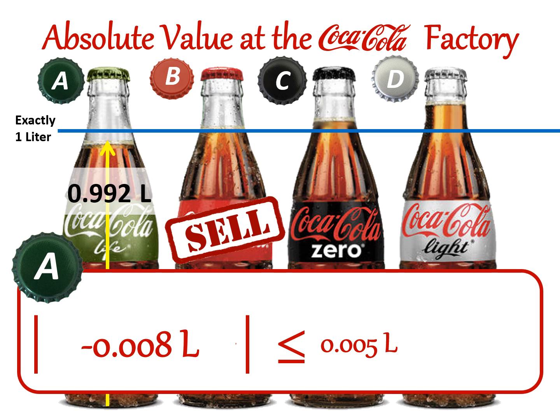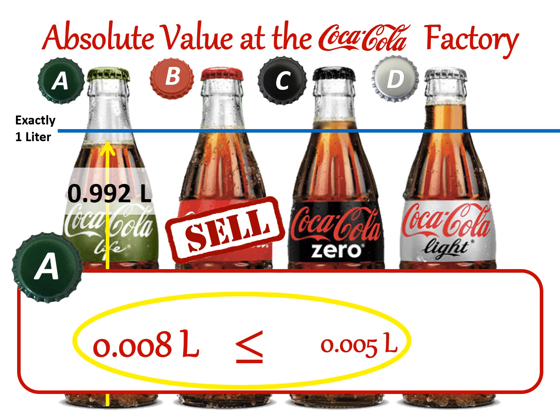Now we convert that to its absolute value, which is 8 thousandths of a liter. Now, is this statement true? Is 8 thousandths of a liter less than or equal to 5 thousandths of a liter? This is not true, which means we do not want to sell this bottle.